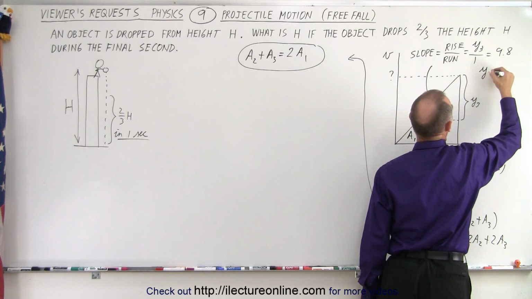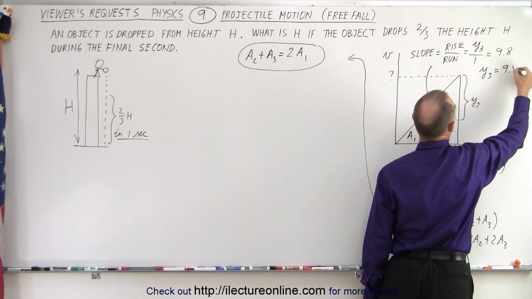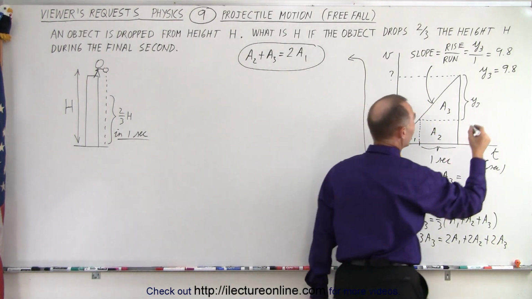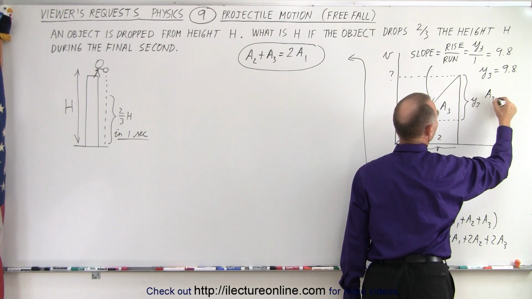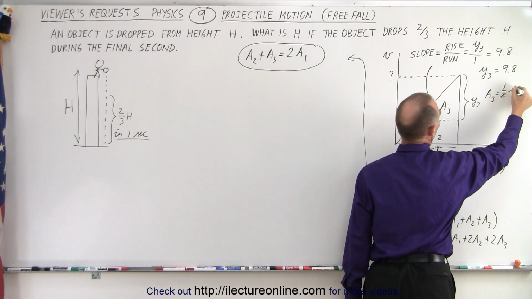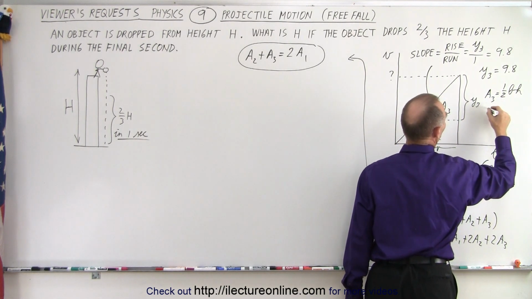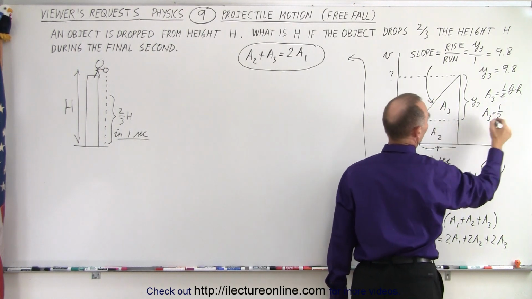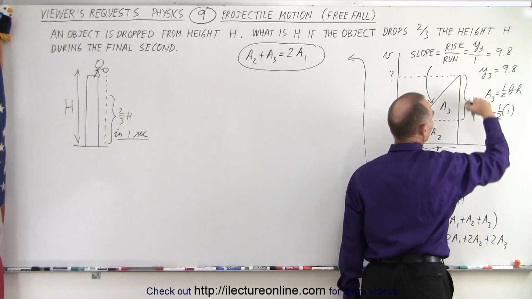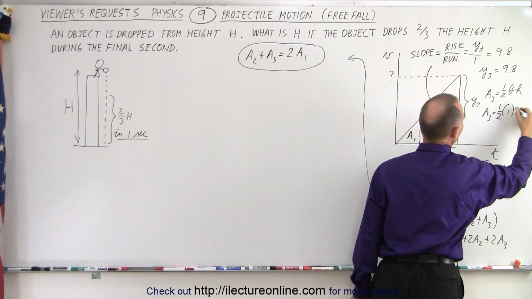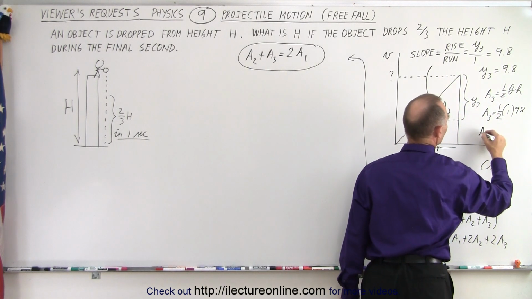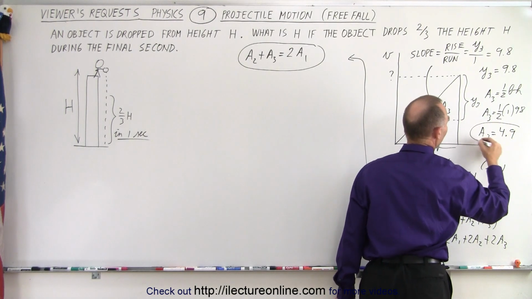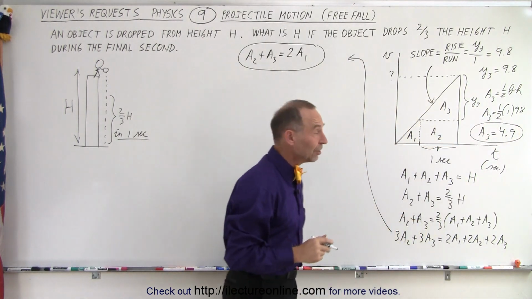Which means that y3 is equal to 9.8, which means we can get the value for A3. We know that A3 is equal to 1/2 the base times the height. So A3 is equal to 1/2 times the base, which is 1, times the height, which is y3, which is equal to 9.8. That means that A3 is equal to half of that, or 4.9. So A3 is 4.9 meters.